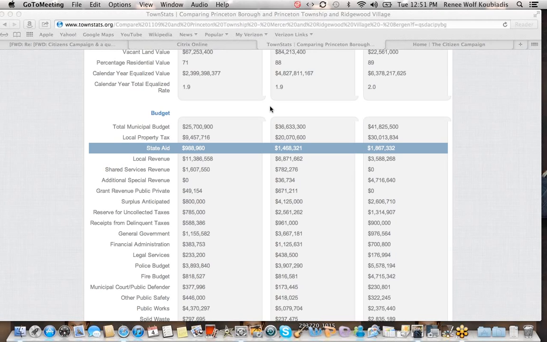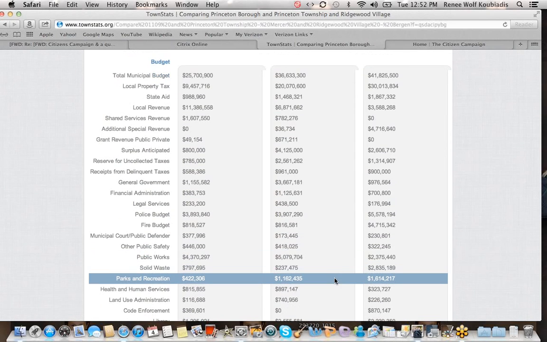For example, if I were sitting in the Princetons, I would be asking why my budget for legal services for my two towns adds up to $670,000 when Ridgewood is only spending $176,000 on its legal services.